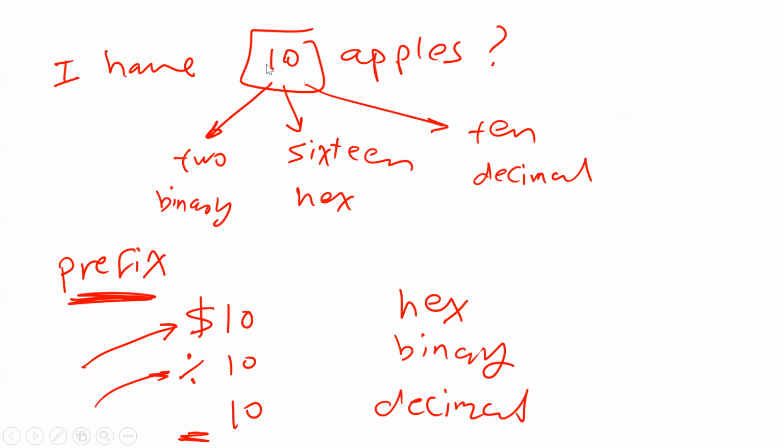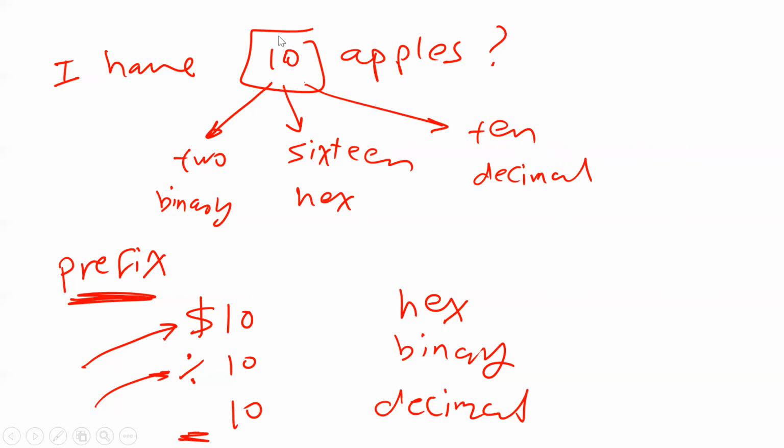If this 10 is binary, that means it's 2. So you have 2 apples. If this is hexadecimal, it is 16. So I have 16 apples. Does that make sense? If this 10 is decimal, it means 10. So now the answer can be 2, 16, or 10.